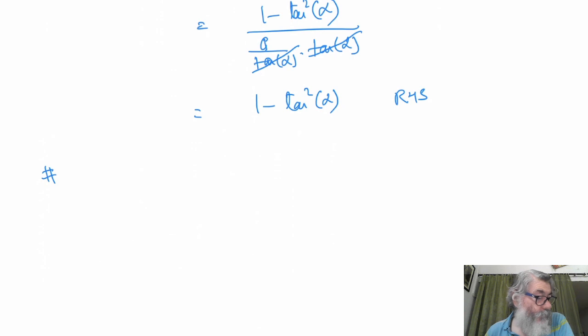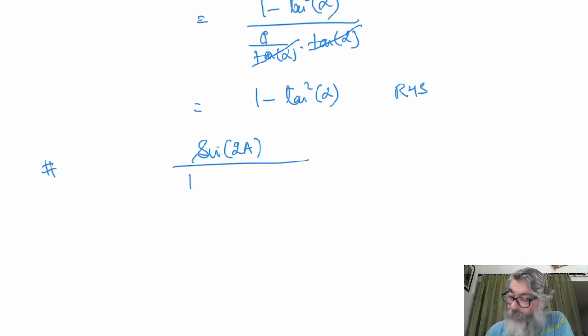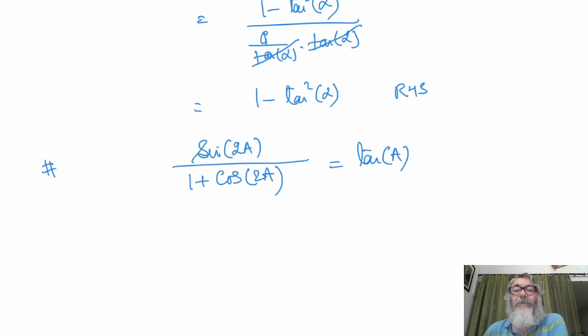Let's see the next question. Sin 2a upon 1 plus cos 2a is equal to tan a. We have to prove this is equal to tan a.